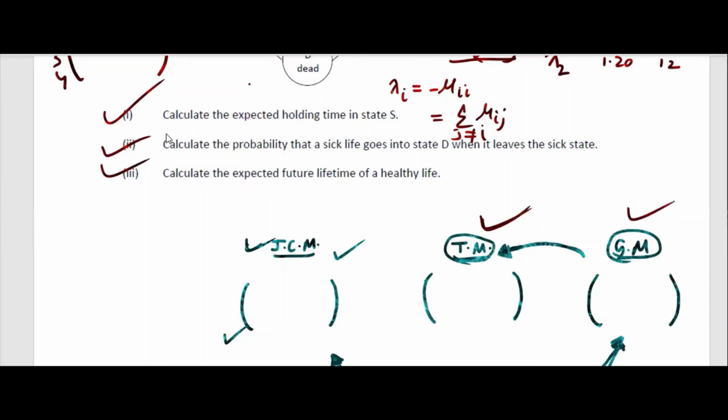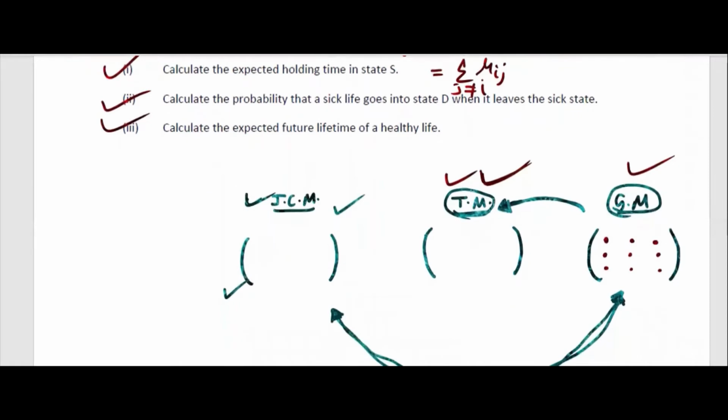If you remember, we considered one example last time, and we found the generator matrix entries. These are the rates, intensities, not the probabilities. From these we can find these.